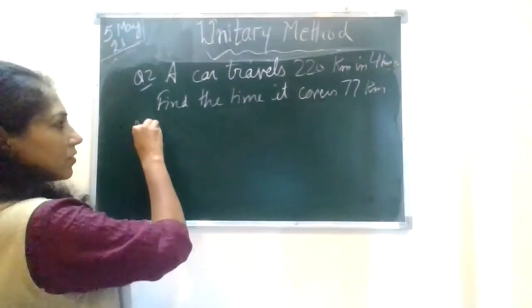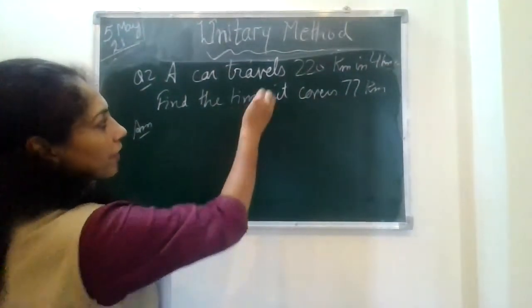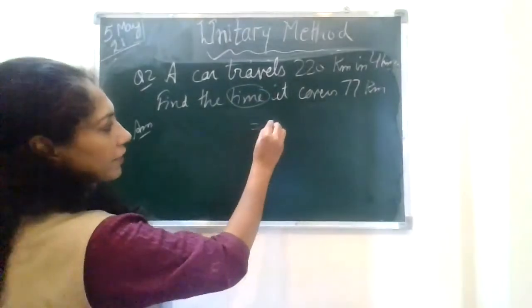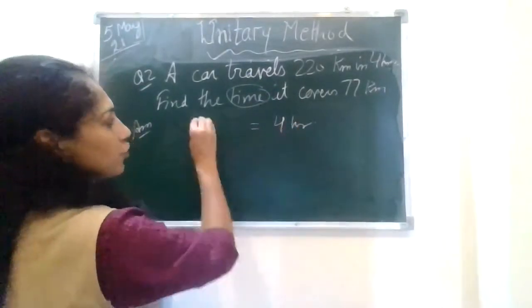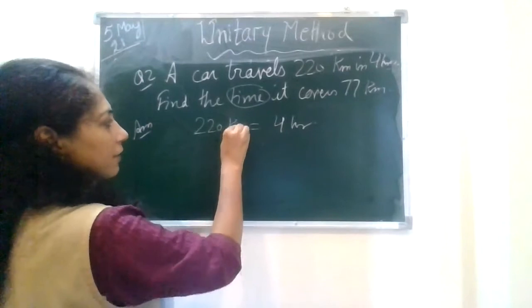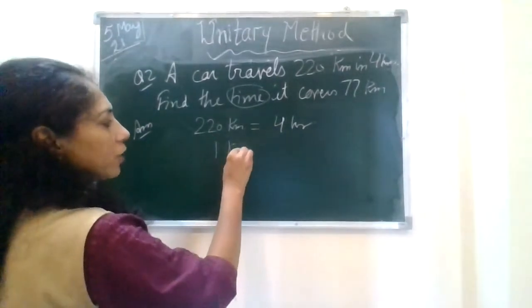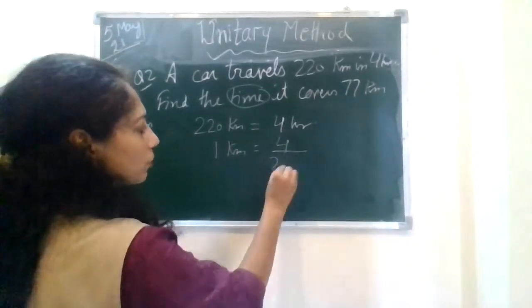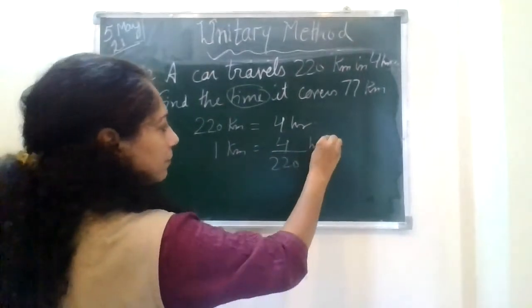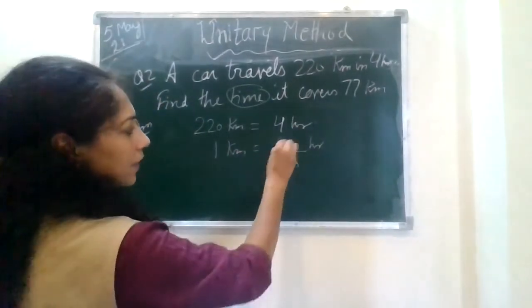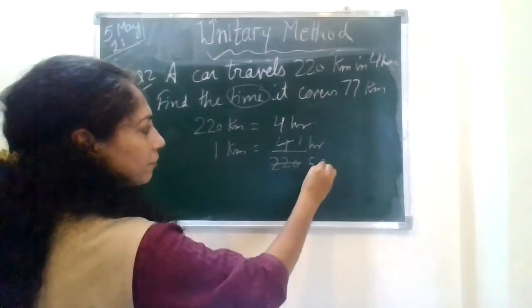Relationship, answer, same method. What you need to find out, time. Time is to be kept on the right hand side. So 4 hours, the relationship which is given to us, I'm keeping like this. Now it is reduced to 1 kilometer, so this should also be reduced. Fine. And this you can say it is 1 upon 55 hours.